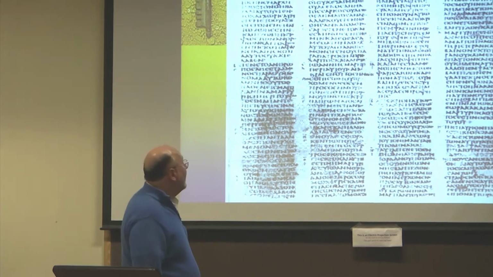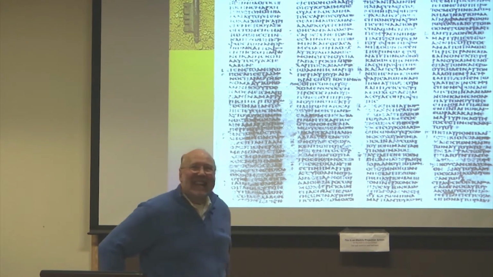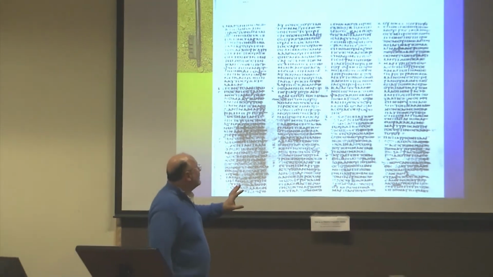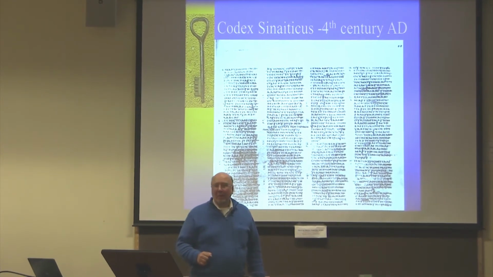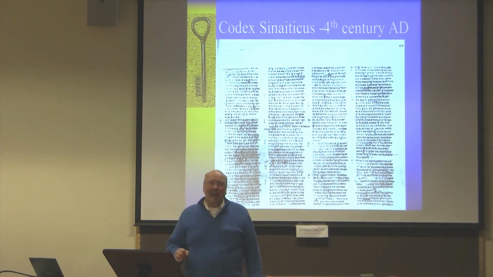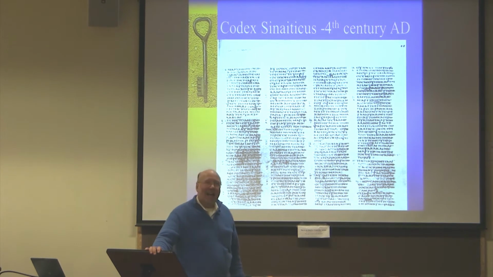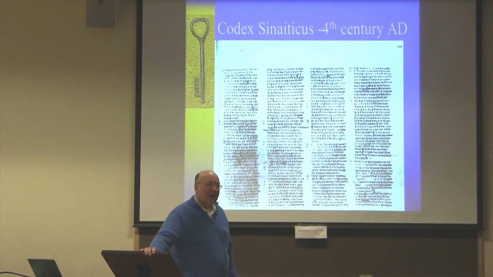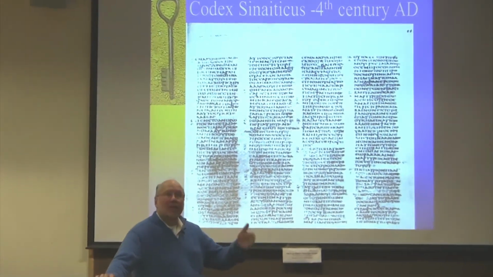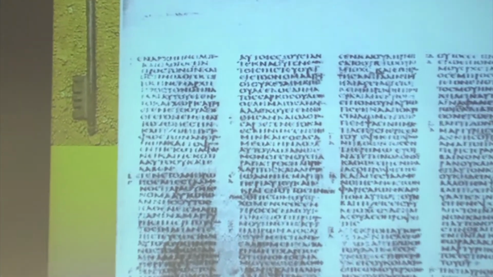Now, here is Codex Sinaiticus. This one's very interesting. This is a big manuscript. It came from Mount Sinai. There was a guy named Tischendorf who went down to Sinai, I think about 1865 or thereabouts, somewhere in the 1800s. Tischendorf went down there several times trying to get this manuscript.